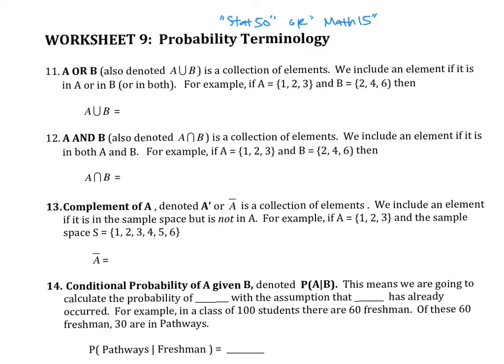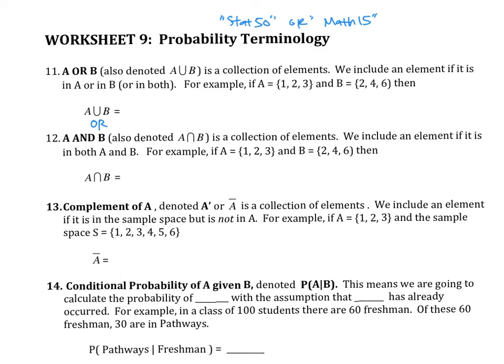It's a collection of elements. We include elements if it is in A or in B or both, right? So if you took Stat 50, you're good. If you took Math 15, you're good. So for example, the first group has 1, 2, 3 in it, and the second group has 2, 4, 6 in it. Then A or B, here, they're using this symbol. We're not going to use it.